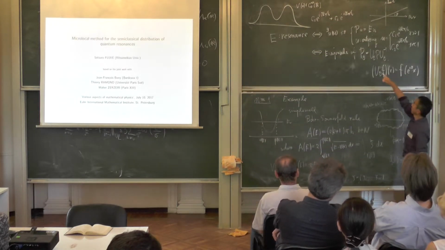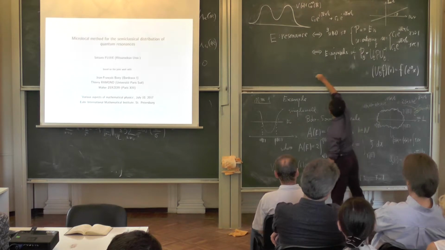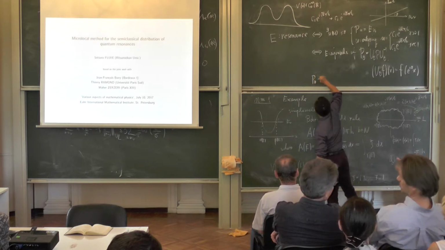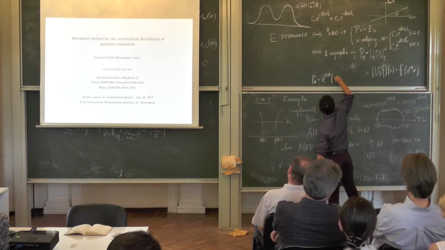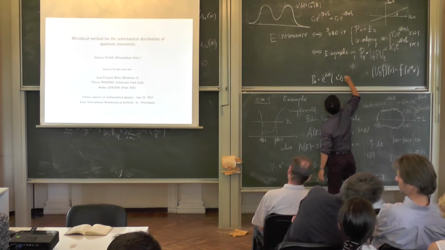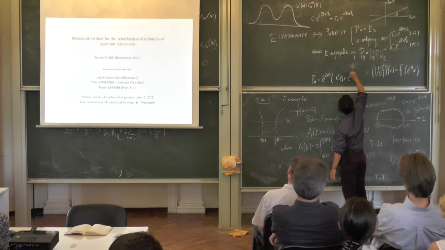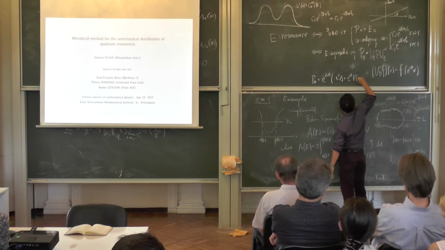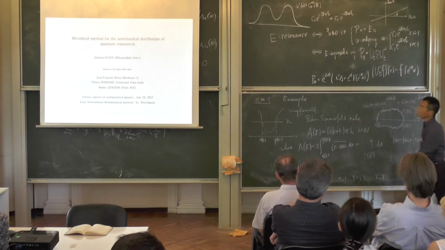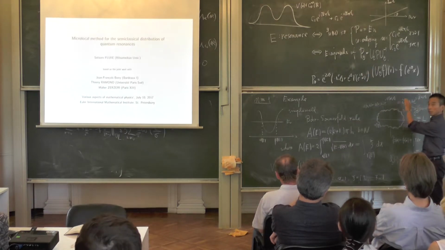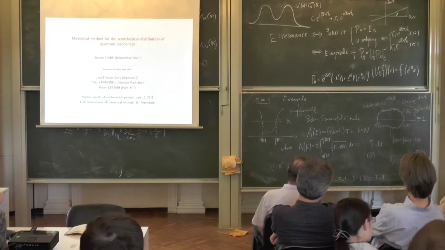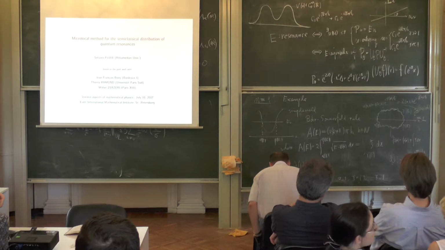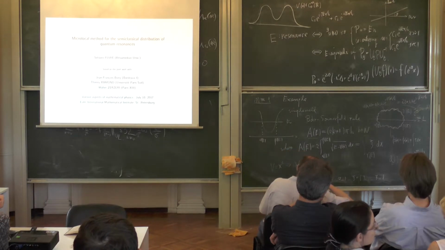Of course, this P theta can be written in this form, minus h squared Laplacian plus e^{i theta} d, something like that. So this is no longer self-adjoint, even though P is.